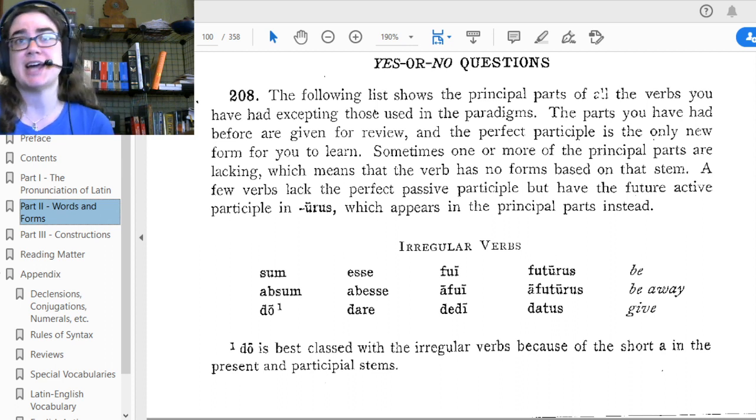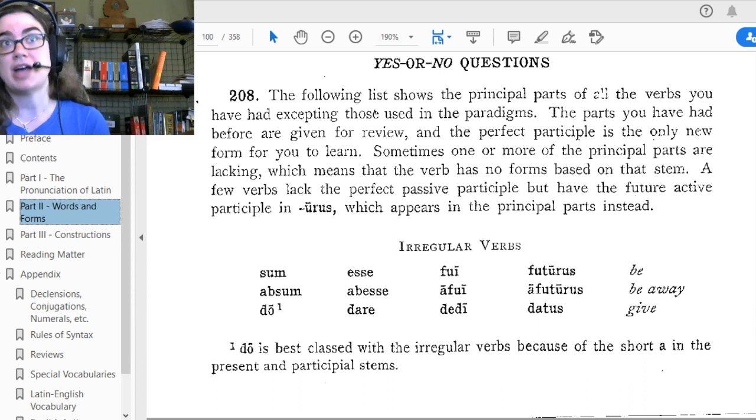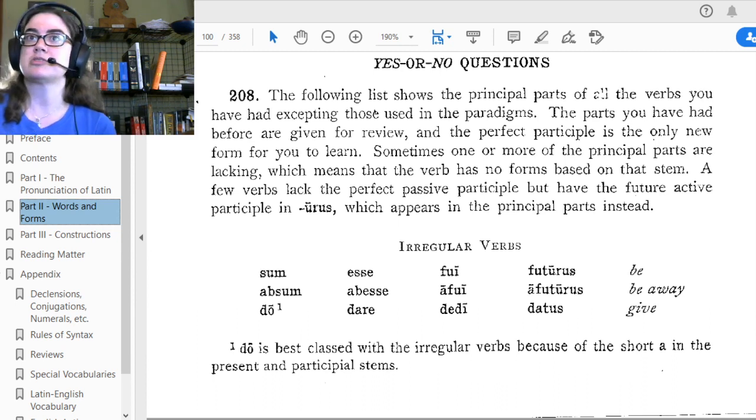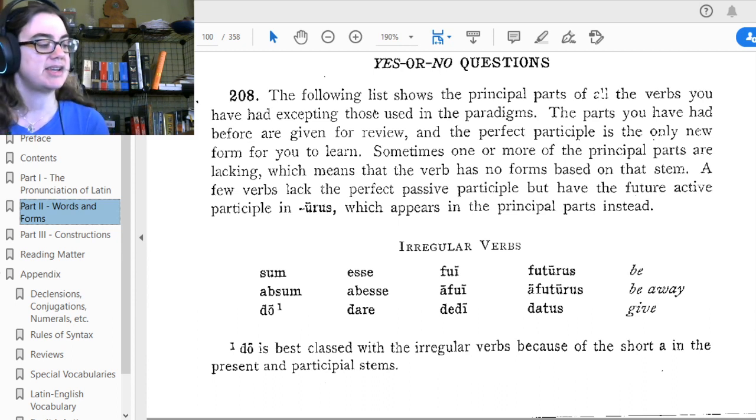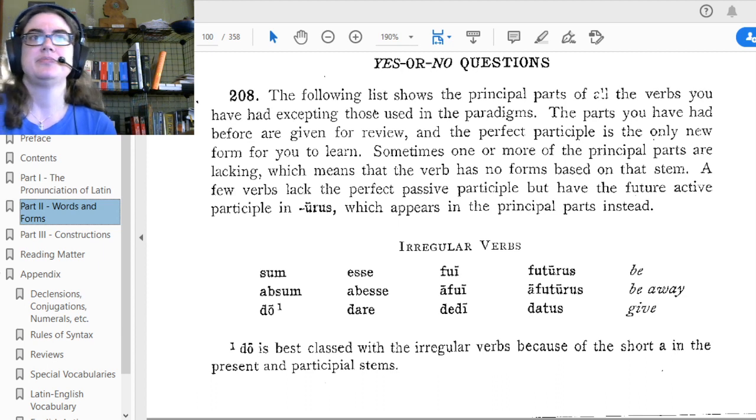A few verbs lack the perfect passive participle, but do have the future active participle in urus, which appears in the principal parts instead. So sum esse fui futurus, for example. Absum abesse afui afuturus, right? But do, dare, dedi, datus.